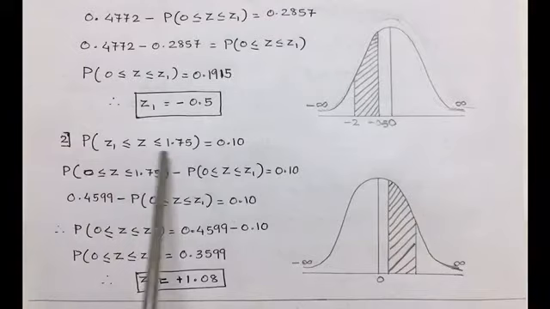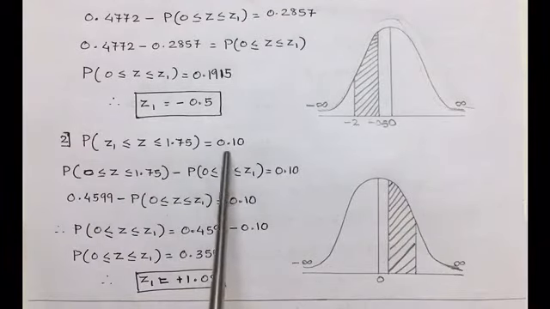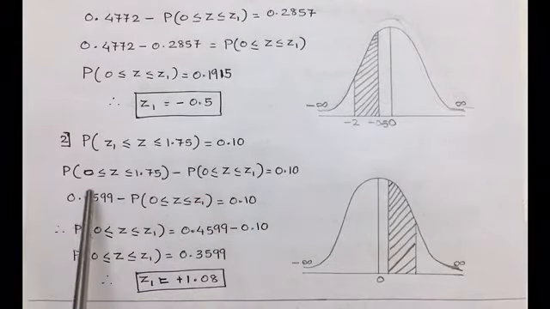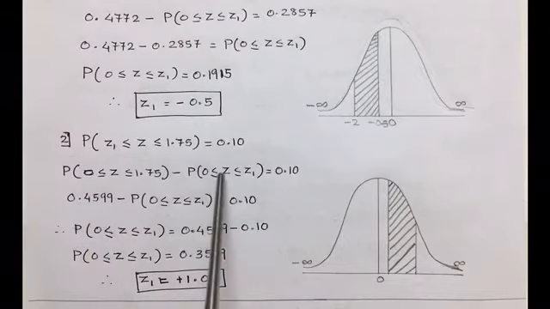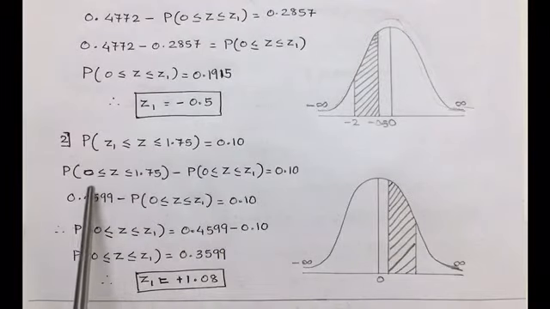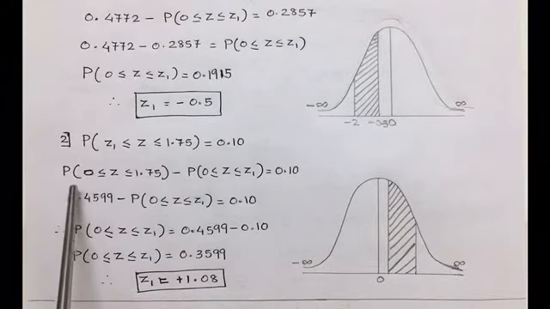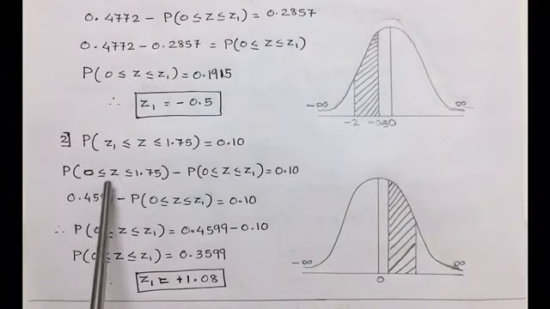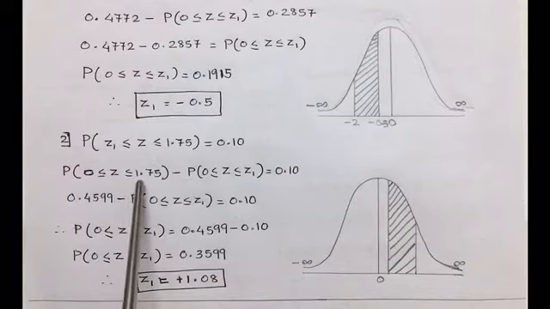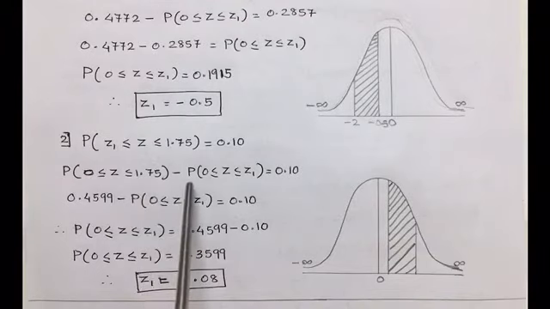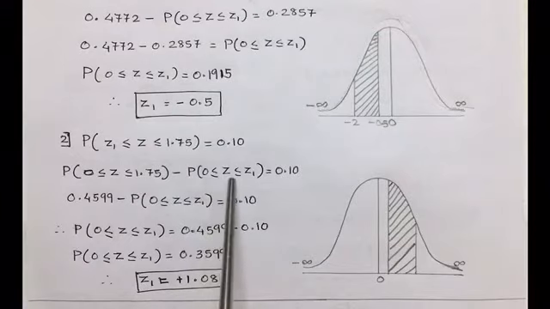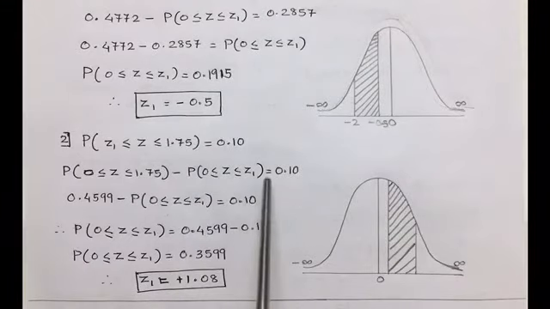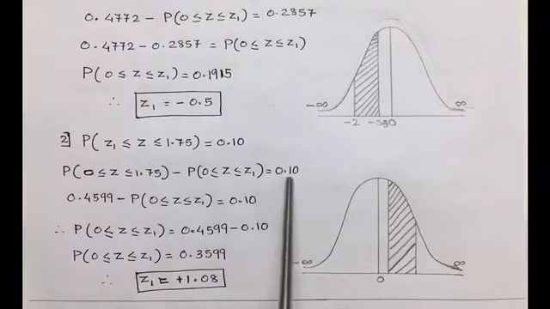Now, as this area given is less than 0.5, we have to subtract both the probabilities by breaking them at 0. So P(0 less than or equal to Z less than or equal to 1.75) minus P(0 less than or equal to Z less than or equal to Z1) is equal to 0.10.